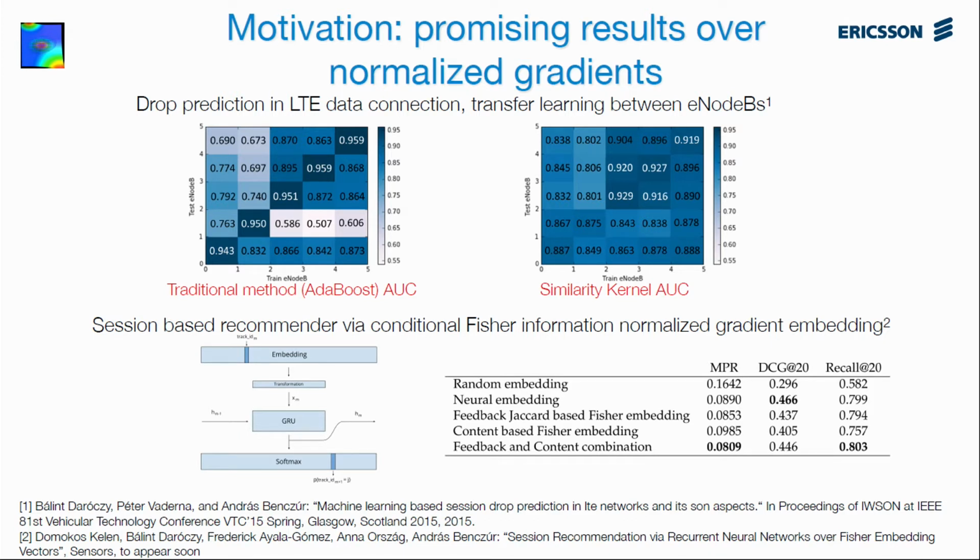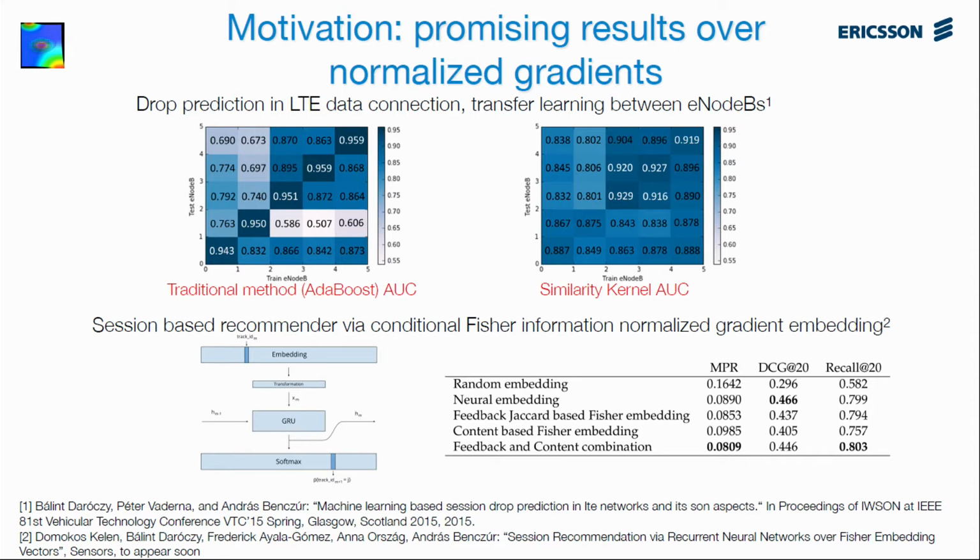And recently, it will appear soon, we have a paper about conditional Fisher information, which is a Riemannian metric, for normalization of the gradient embeddings for recommendation systems. So obviously, if we can know something about this gradient structure, it may help us understand what's going on, why the network trains, which part of the network is important.